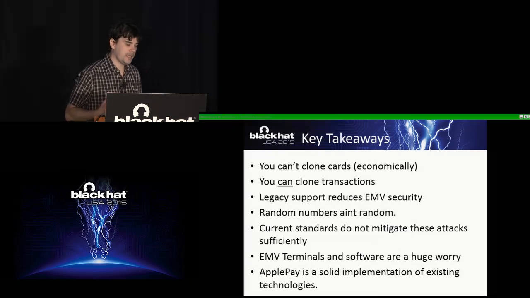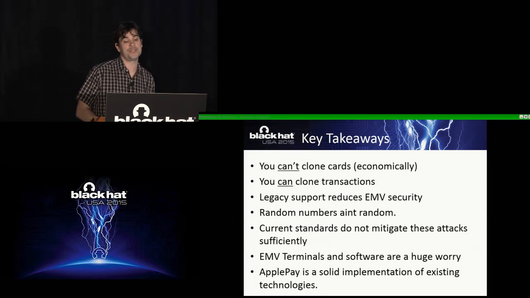So the best way of putting it is that the key things are that you can't clone cards economically, but you can clone transactions. Legacy support reduces your security in terms of transactions. Random numbers in these things aren't really random. And the current standards do not mitigate the attack sufficiently.